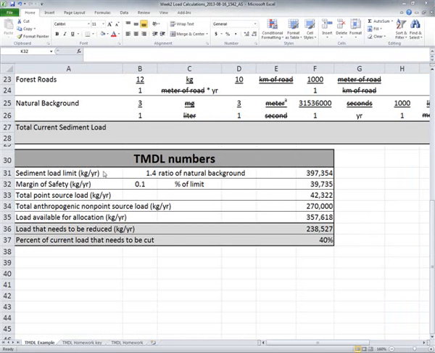So I have consolidated this table a little bit here so it's easier to see now. And so my sediment load limit again is natural background cell reference that I calculated up there, the annual load of sediment times this 1.4 ratio.